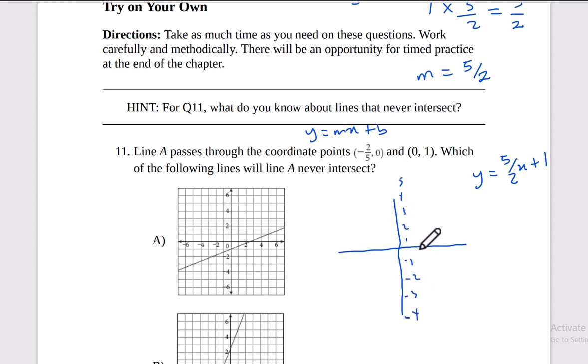I hope you understand what I mean. Okay, so now this is our graph. We want to sketch it. We said when x was 0, y was 1.